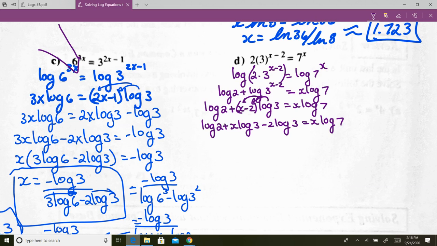Yes. You get all terms with an x on one side. What would be the easiest move here? Usually we collect everything on the left, but we might as well move this x log 3, the middle one, to the right-hand side, and then all the x's are there and everything else is on the other side. It doesn't matter, but if it's only one step versus multiple steps, you might as well do that. And then what? Factor the x out.